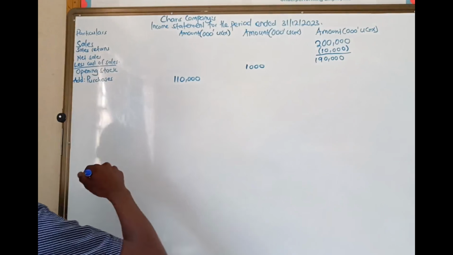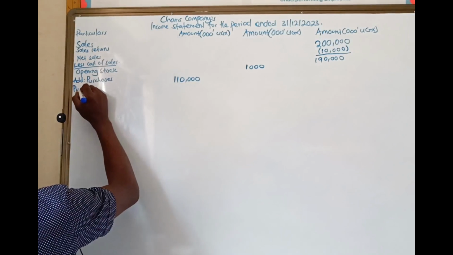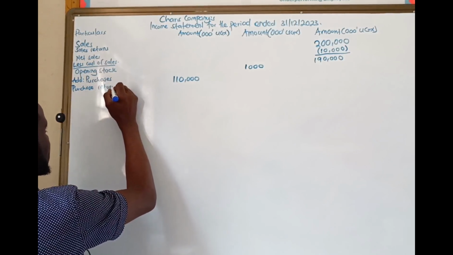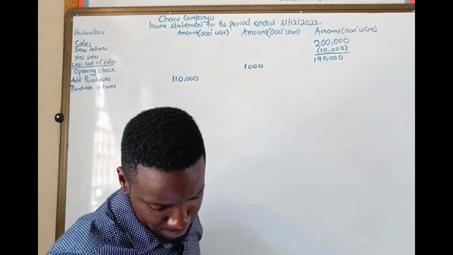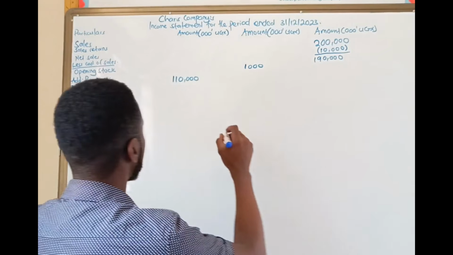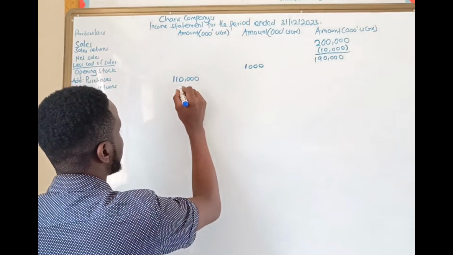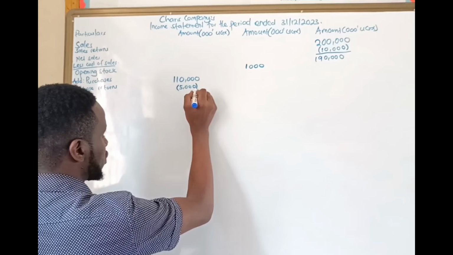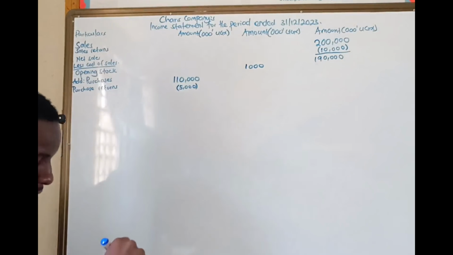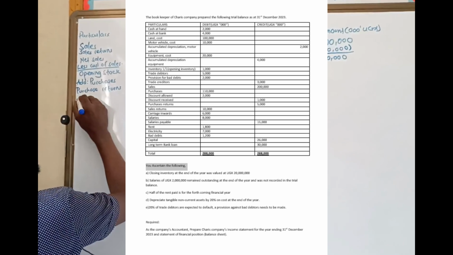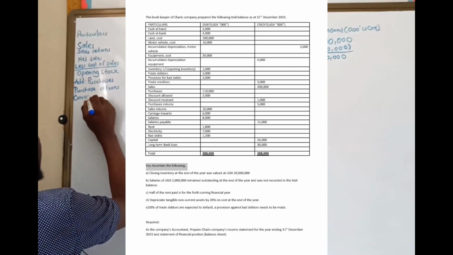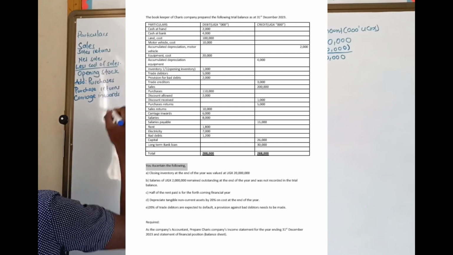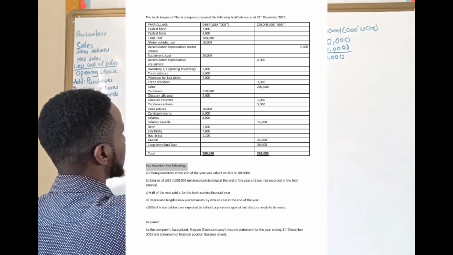Now, there were also purchase returns. The value of purchase returns was 5,000. So we shall subtract the 5,000. We show it in brackets to show that we are subtracting. Then we had carriage inwards, and our carriage inwards were 6,000.